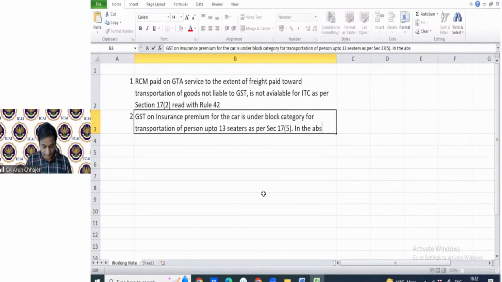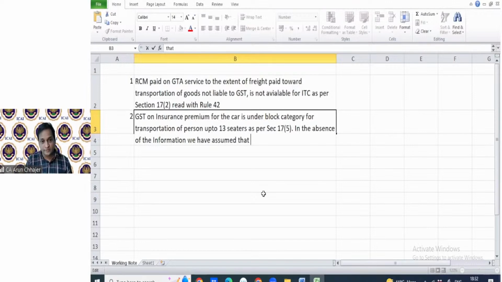In the absence of the information, we have assumed that the car is up to 13 seaters.